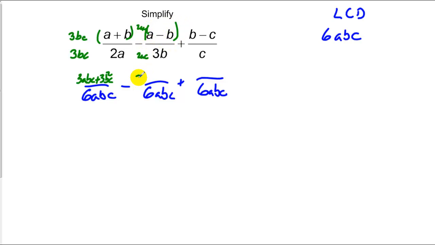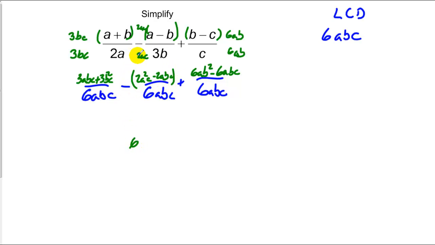So I have 2A squared C minus 2ABC. Finally, I'm missing a 6, an A and a B. 6A and a B goes to the numerator as well, and I distribute. So that's 6AB squared minus 6ABC. Then I have to add like terms.